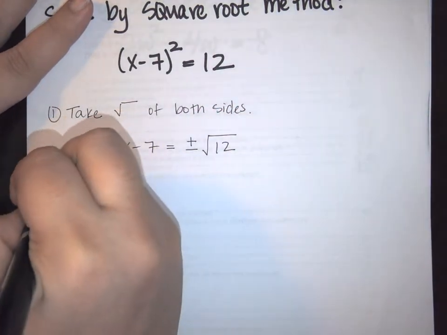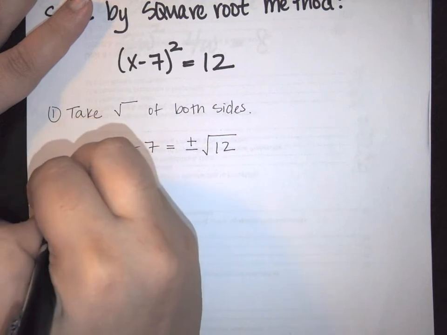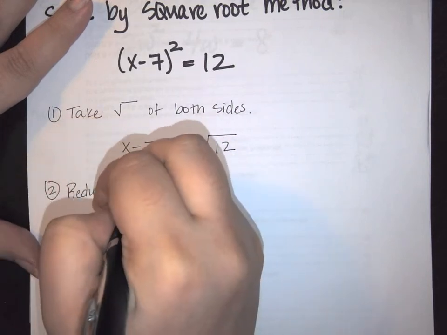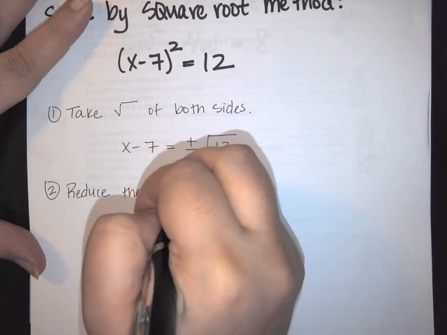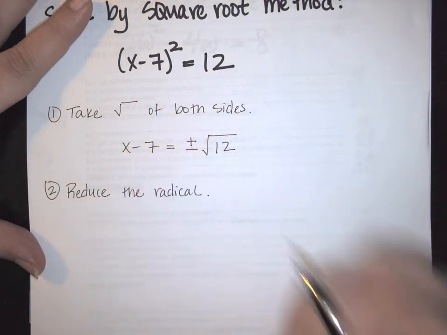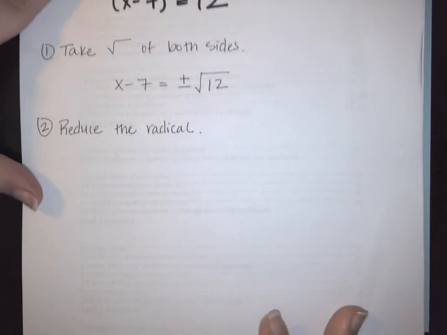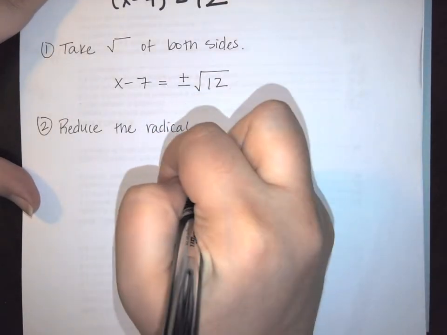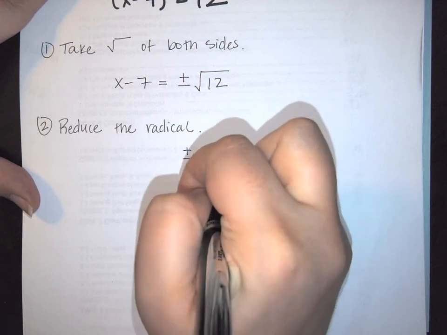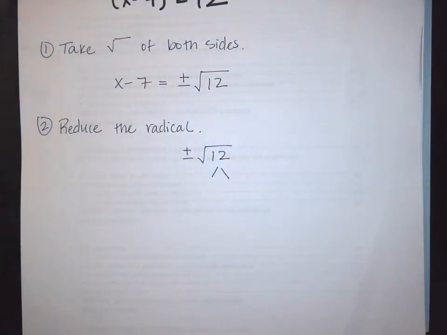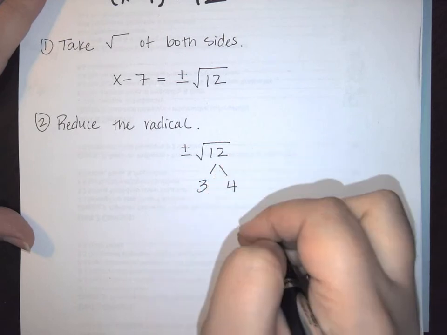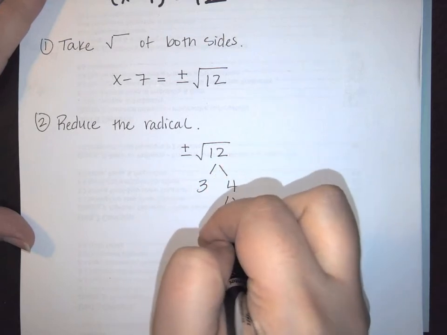Now the next thing that you're going to want to do is reduce the radical. So I've got plus or minus the square root of 12, and I'm going to reduce my radical down. 12 can break down into 3 times 4, and I know 4 can break down into 2 and 2.